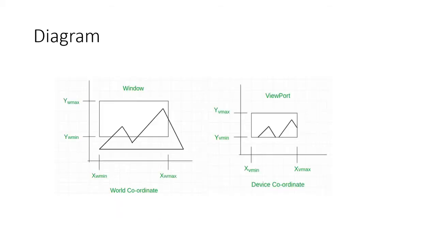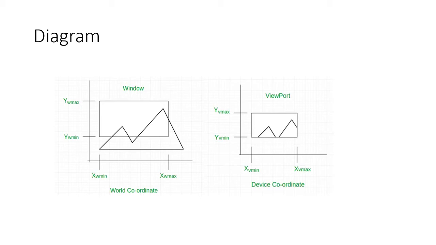So these are the diagrams that we have already gone through in our previous lecture. Here you can see that in the world coordinate, the total scene is available. This is the actual window, and whenever we are clipping it, it becomes the viewport.